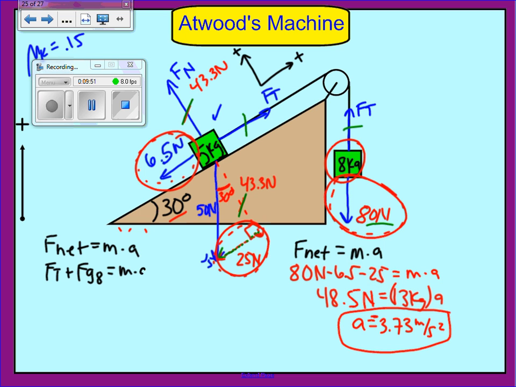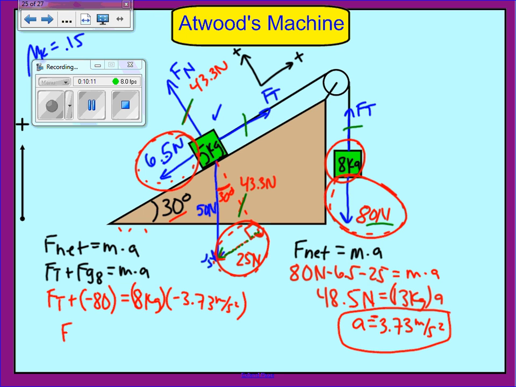So if I plug in those numbers, force tension is what I'm solving for, plus force gravity. The force gravity is 80, but it's pointing down, so it's a negative 80. That's equal to the mass, which is 8 kilograms, times its negative acceleration of 3.73 meters per second squared. Clean that up a little bit.